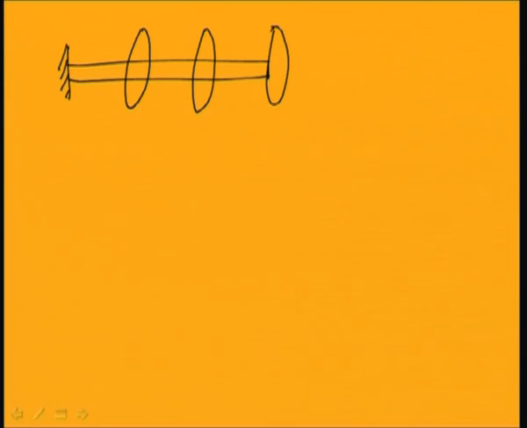This is disc 1, this is disc 2 and this is disc 3. Let us consider the inertia of these to be the same, that is J, and the rotation I can write as theta 1, theta 2, theta 3.